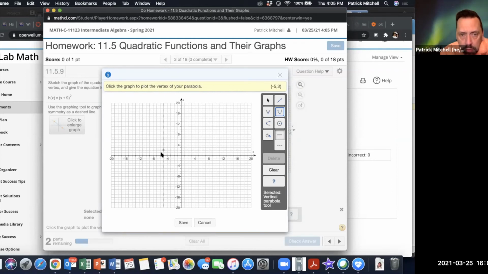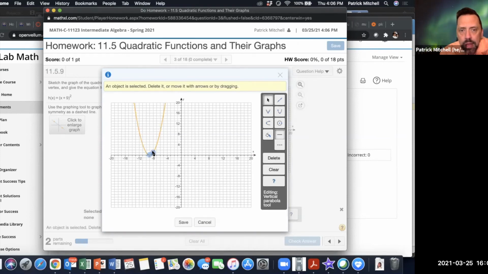Remember, the vertex was at (-9, 0), which is right there. And now it wants me to click the graph to plot any other point on my parabola, just one other point. It's definitely not enough to do it when you're doing this on paper, but on the computer it is. So I went up to (-8, 1), and there is my parabola. Now you can probably see it a little better.